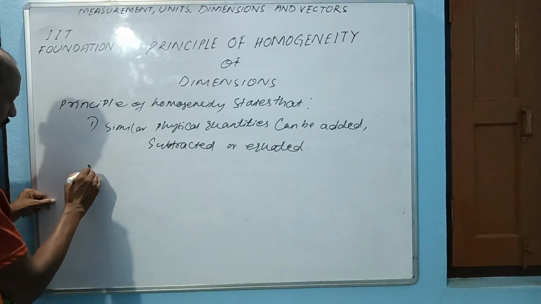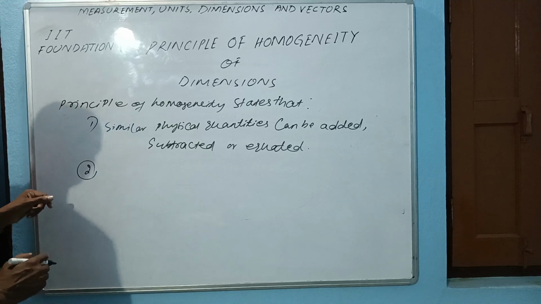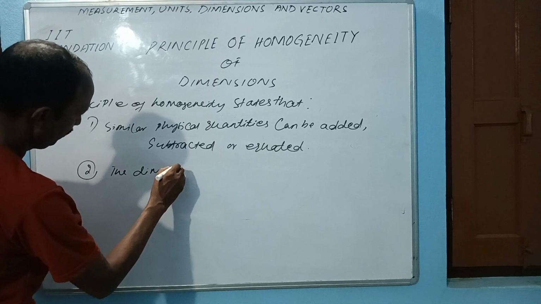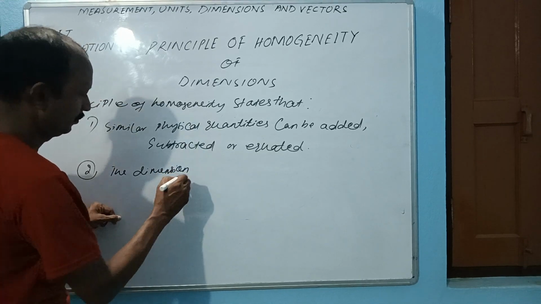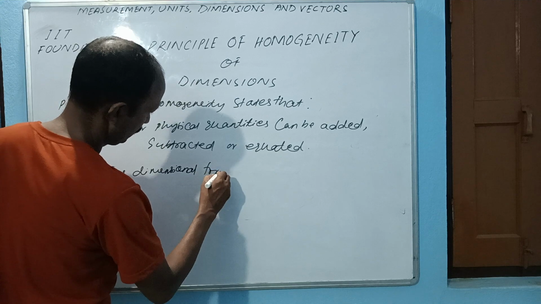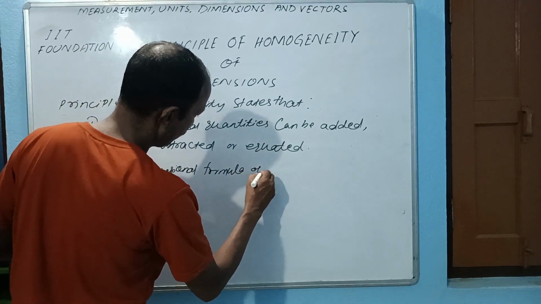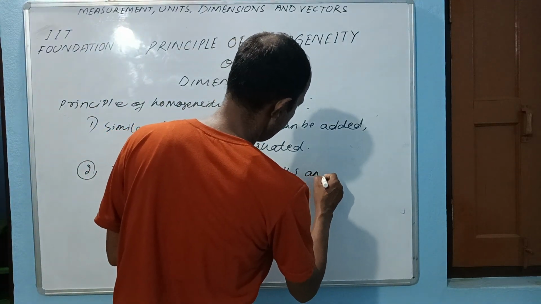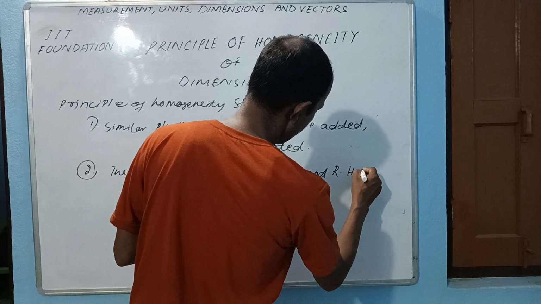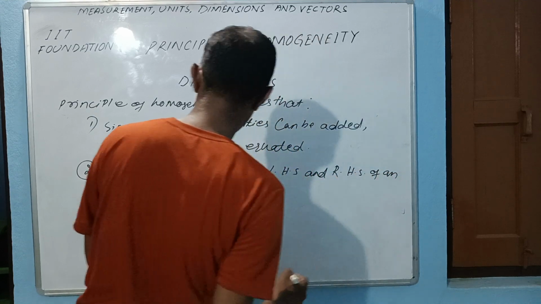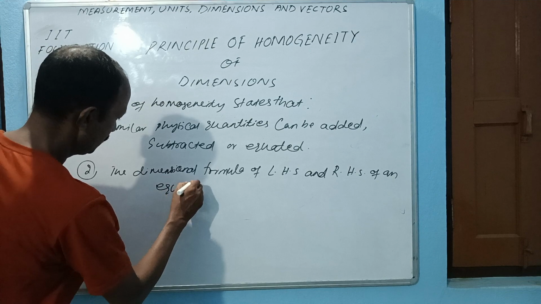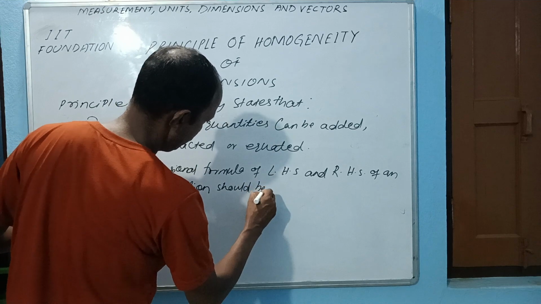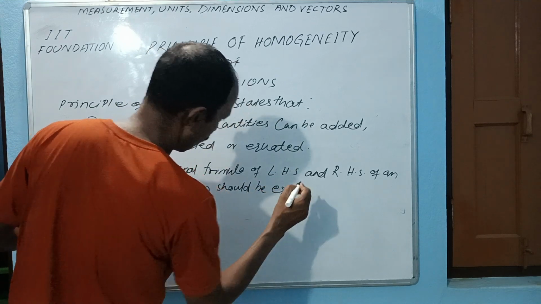Second point is that the dimensional formula of LHS and RHS of an equation should be equal.